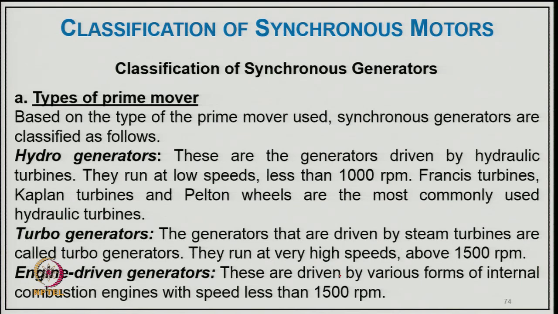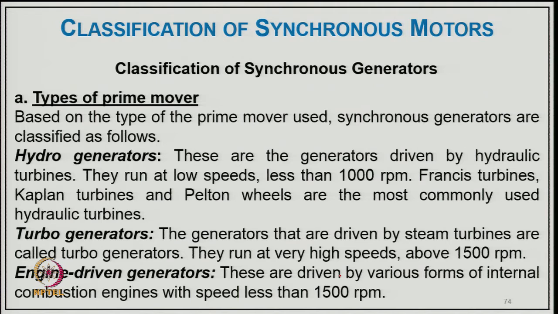Based on the type of prime mover used, synchronous generators are classified as hydro generators. These are generators driven by hydraulic turbines, and they run at low speed, less than 1000 rpm. Francis turbines, Kaplan turbines and Pelton wheels are the most commonly used hydraulic turbines. Turbo generators are generators driven by steam turbines, and they run at very high speed, above 1500 rpm.